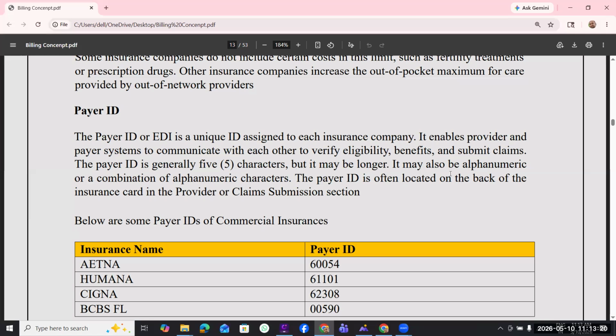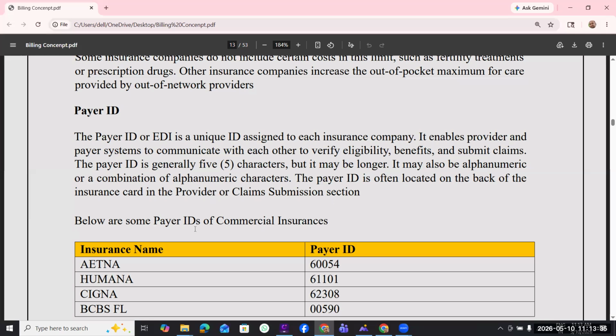It may also be alphabetic or a combination of alphanumeric characters. The payer ID is often located on the back of the insurance card in the provider or claim submission section.